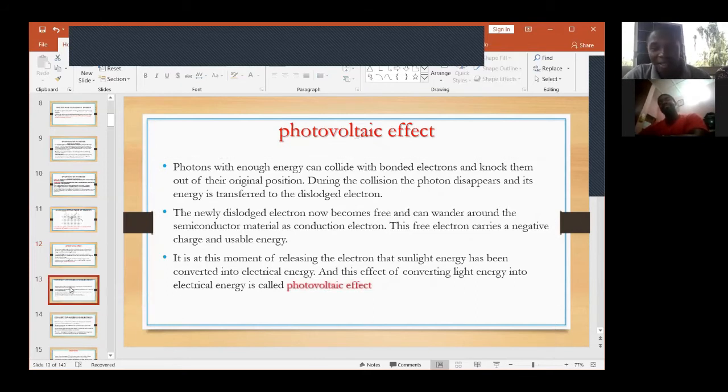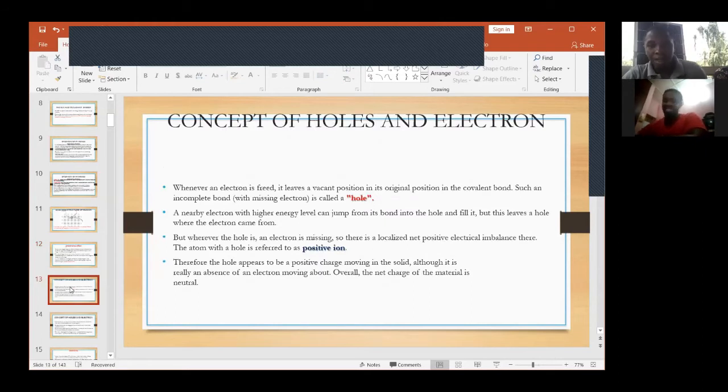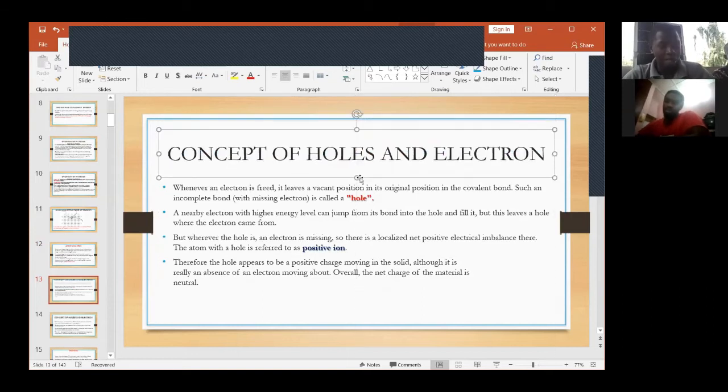All right, sir. So now the concept of holes. Okay, let me do a little work here. In basic chemistry, if I write Al3+, what it simply means is that the aluminum ion just lost 3 electrons.